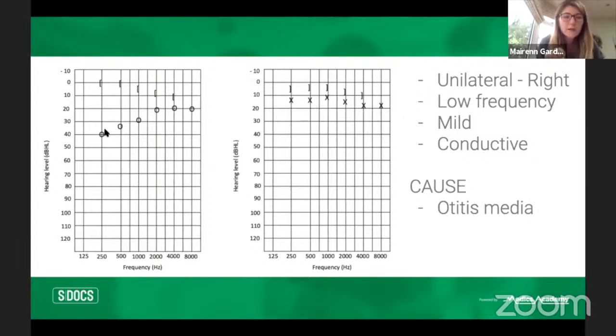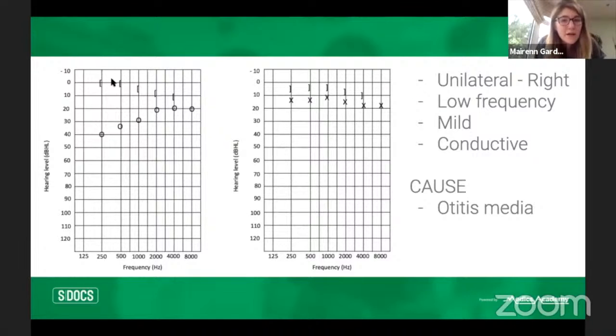In order to understand whether a patient has conductive or sensory neural hearing loss, you need to look at the difference between the air-bone conduction. As I was explaining in part 1 of this video, in conductive hearing loss, bone conduction will be better than air conduction because they've got a problem with their outer or middle ear.